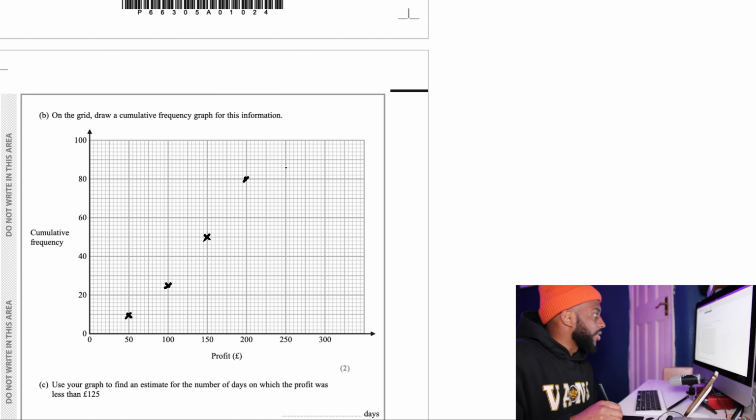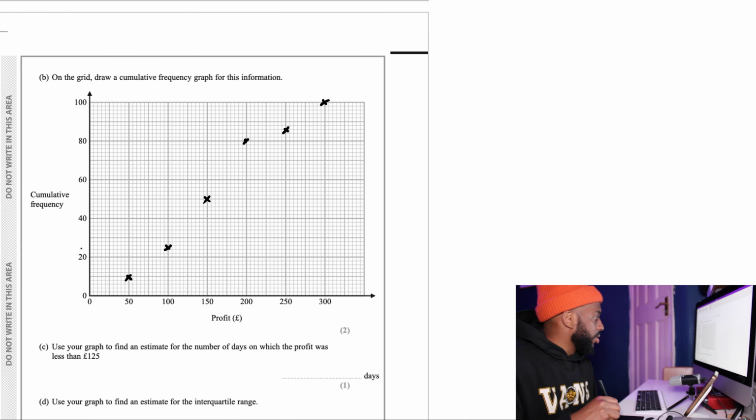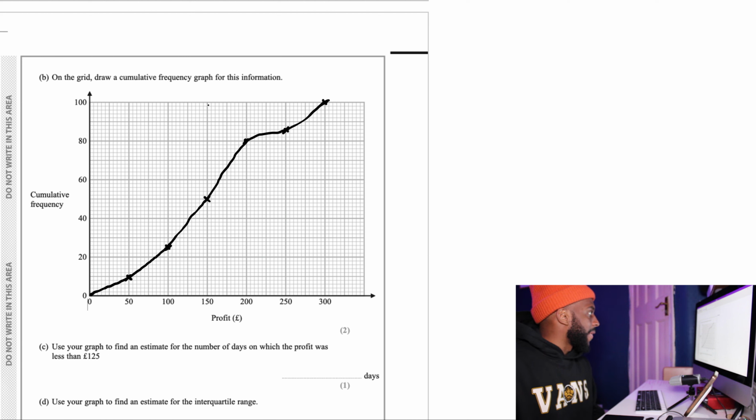At 250, I think it was 85. And at 300, we get 100, as you can see there. Next thing to do is join up our points, like so. And that's our cumulative frequency graph drawn.